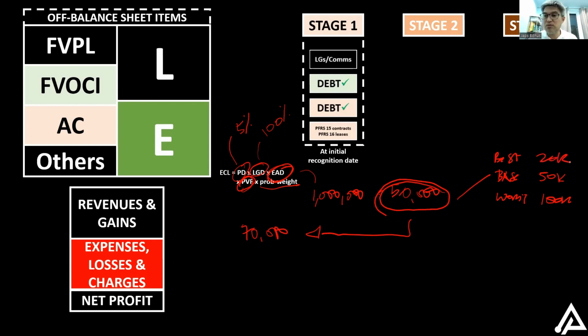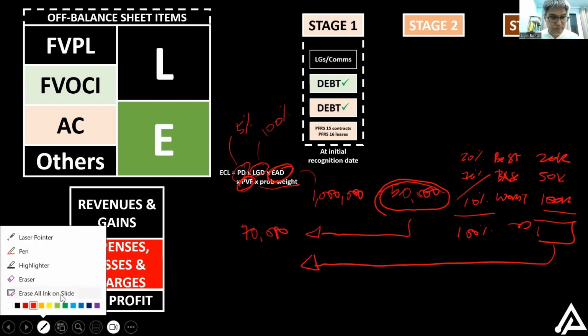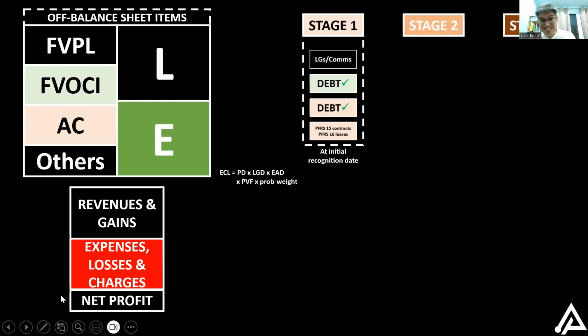And then you attribute, siguro, 20% likelihood, 70% likelihood, 10% likelihood. And then you get the weighted average. That becomes your ECL na ipi-PV mo. So, di ba ang bongga? That's how you calculate ECL.